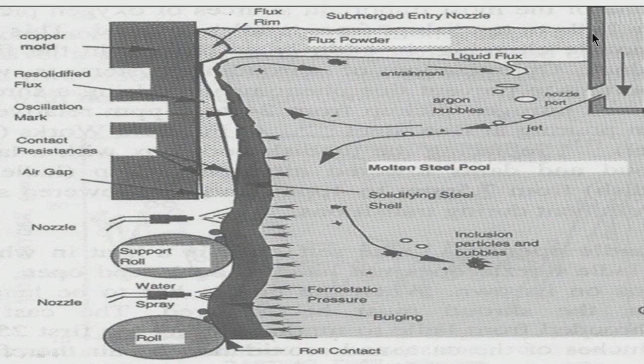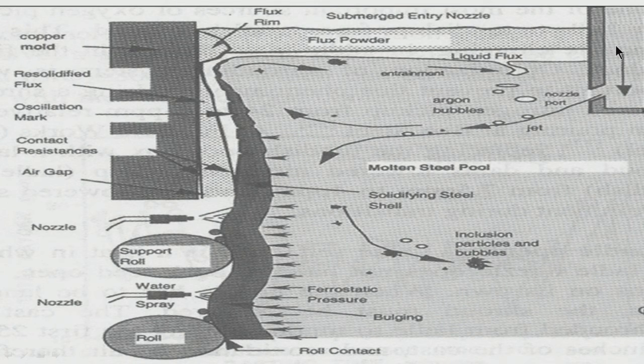If the SEN is not submerged in liquid steel, there is a possibility of air ingress. So, there has to be some submergence. Moreover, the liquid steel is coming out from these ports. If there is no submergence, there will be too much turbulence at the top, at the meniscus. At the meniscus there is a problem.